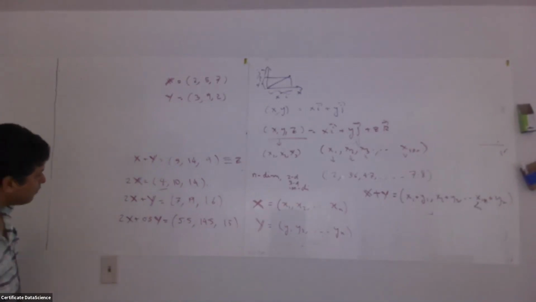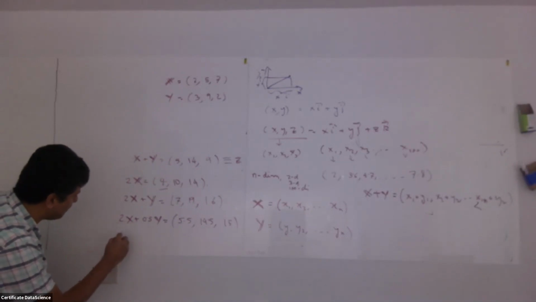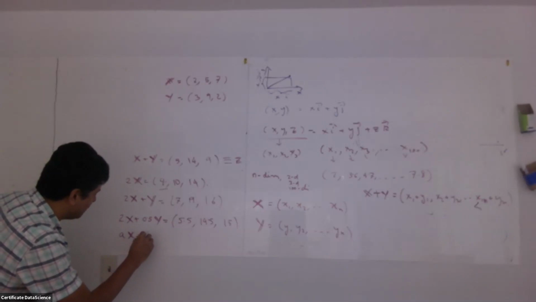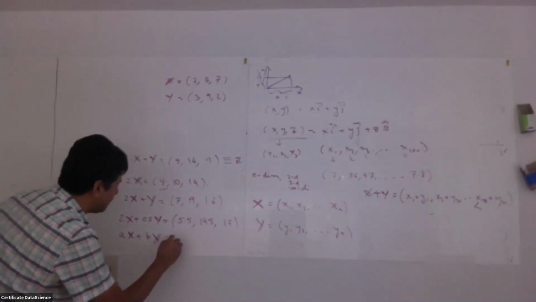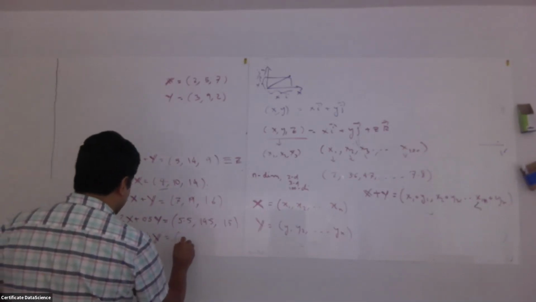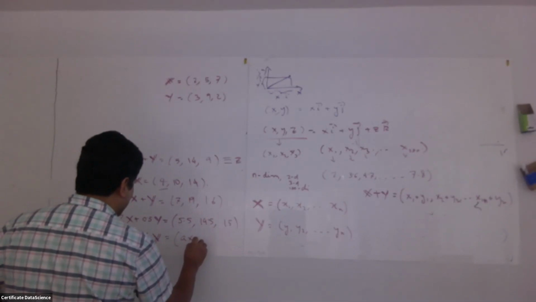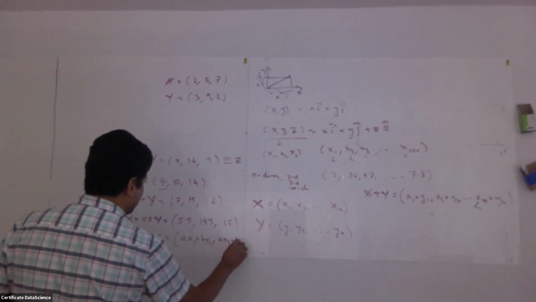Now, often you will see, instead of this 2.5, they will write it like this. A is some number, B. And because it's done component wise, it will be AX1 plus BY1, comma, AX2 plus BY2.